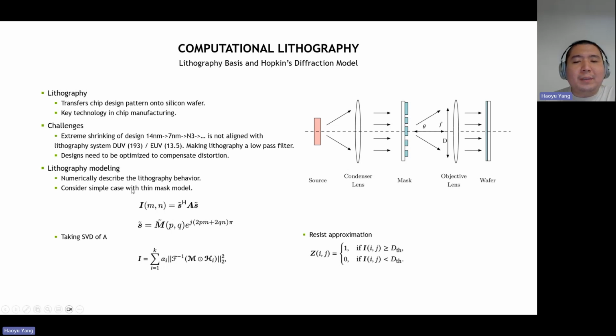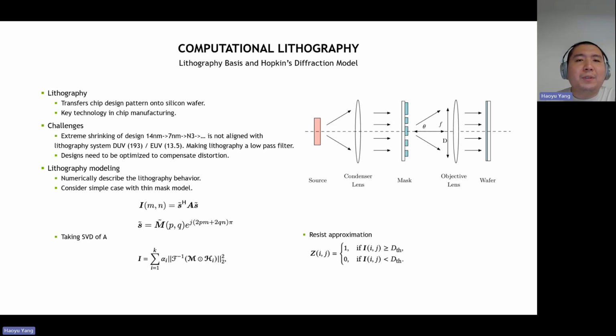Here we're using a very simple and commonly used lithography modeling that has been widely adopted in academia. It can be represented in the following equations, where the aerial image, which corresponds to the light intensity projected on the silicon wafer, can be calculated in the following equations, which include this big A, which is a transmission coefficient, and this is the mask in the frequency domain.